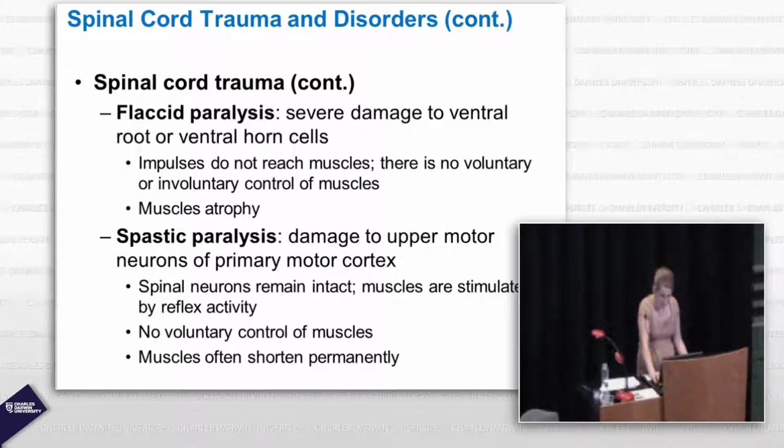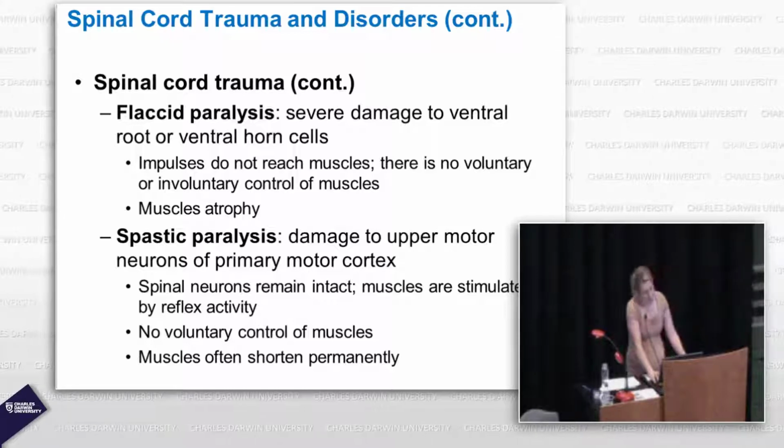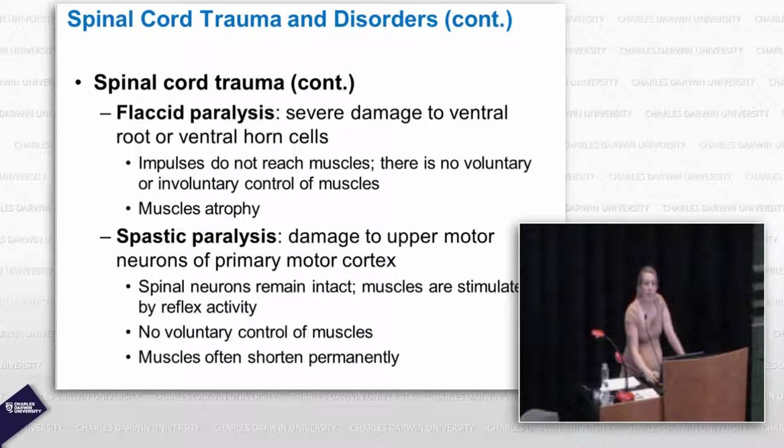The second type is spastic paralysis, and this can result in uncontrolled movement of the muscles. The neurons remain intact, so the muscles can be stimulated by reflex activity, but they can't be stimulated by voluntary control.